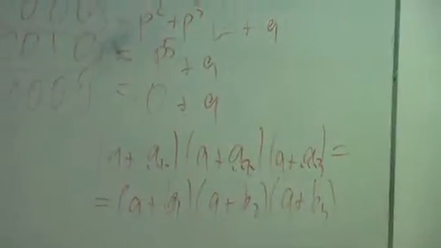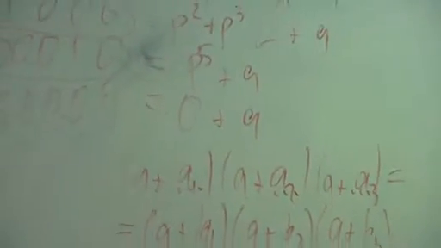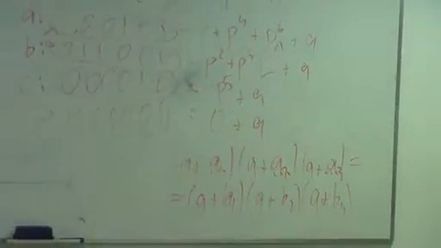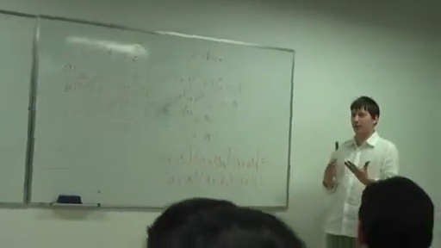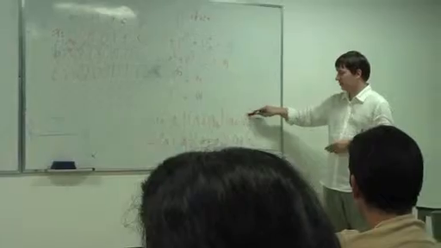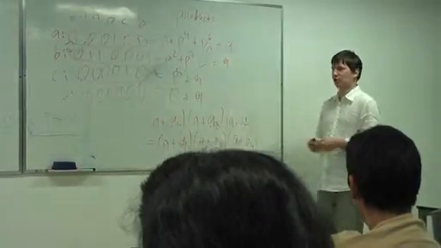What I claim is that this collision should be rare. Why? Because if we treat q as a variable, then this can only happen when all a's and all b's are the same after permutation.